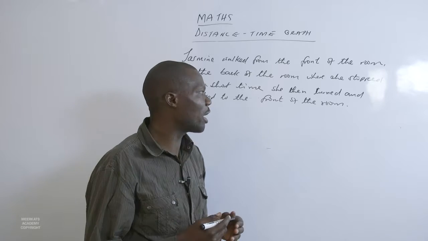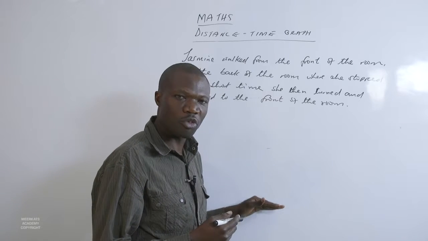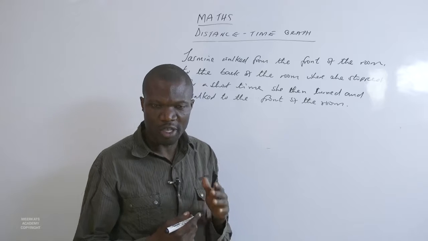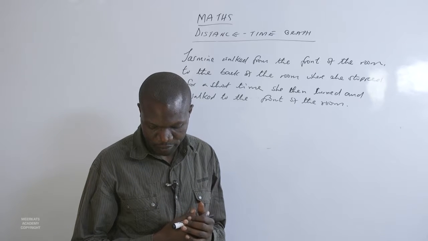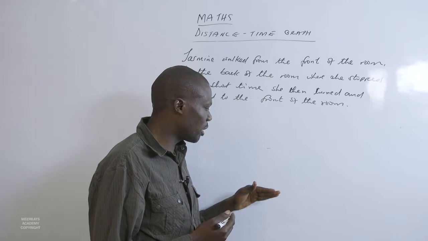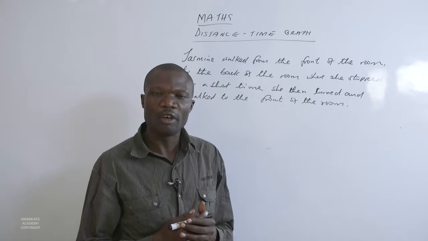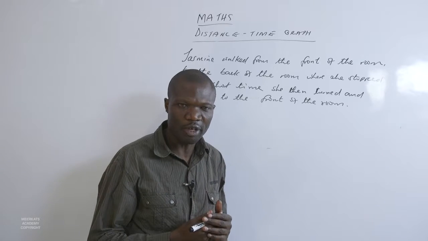So if we have our graph starting from front to back, we should be careful about that. If we have our graph reading back to front again, we should be very careful on how we handle that.